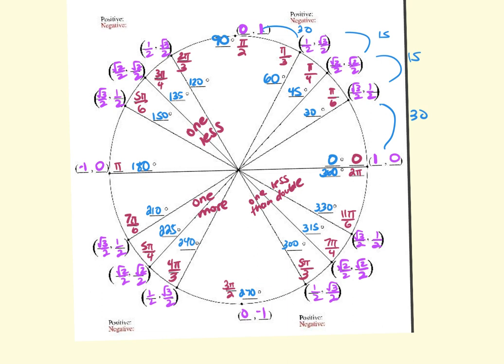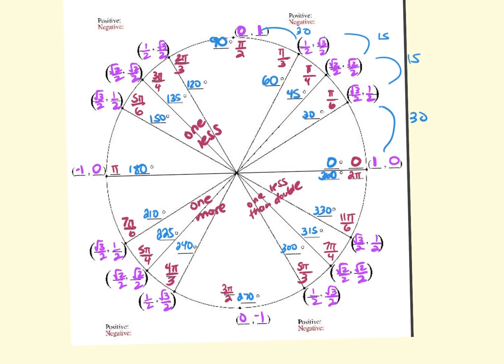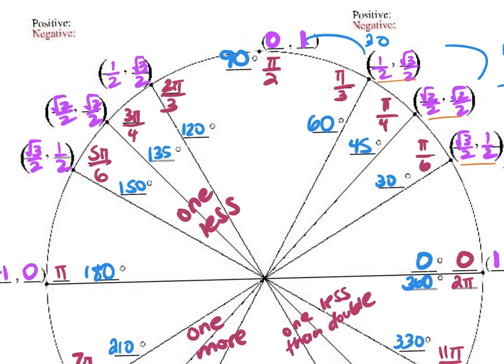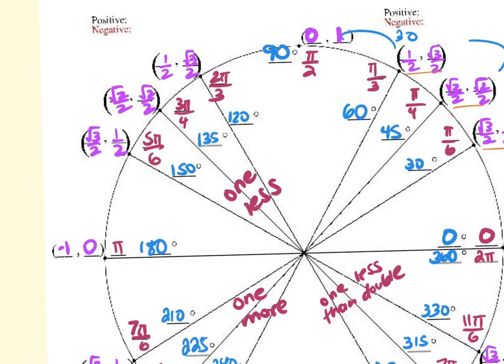All right, so now think about your positive, negative signs in the quadrants. In your first quadrant, what's true about your x and y? They are both positive. So these are all going to stay just as they are. Both x and y will be positive. In the second quadrant, what's going to happen? The x is negative, so I literally put it on the front of the x coordinate. You have to change the actual coordinate itself. But the y stays positive.